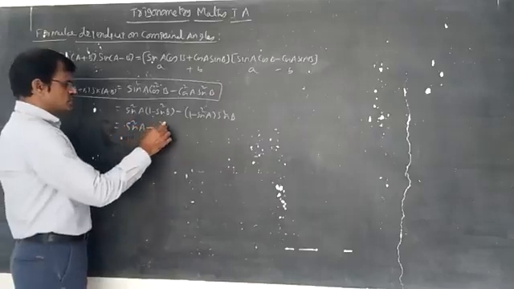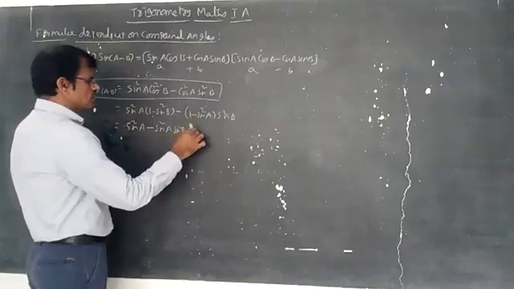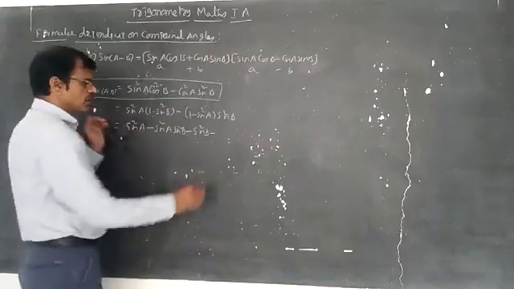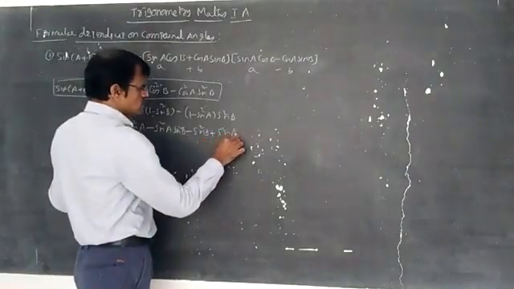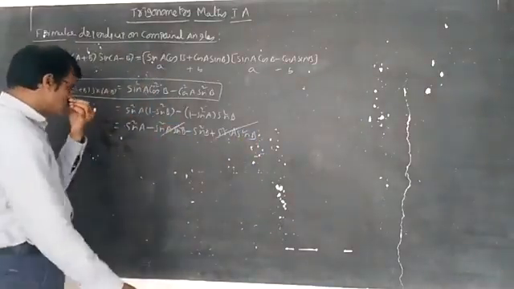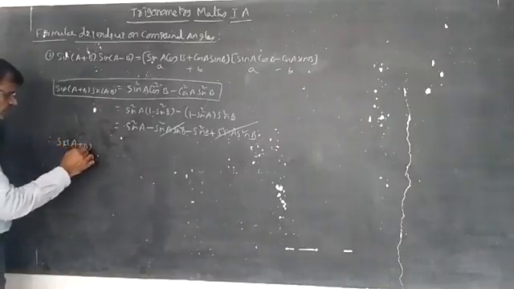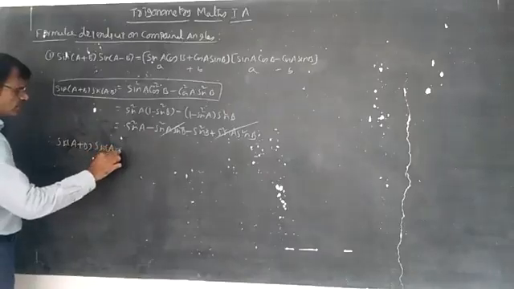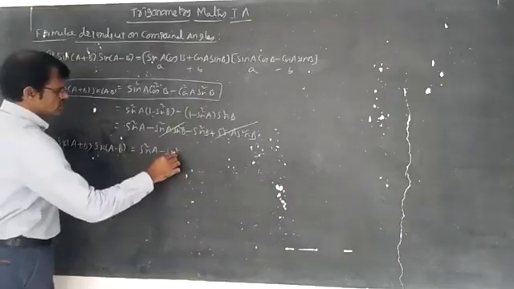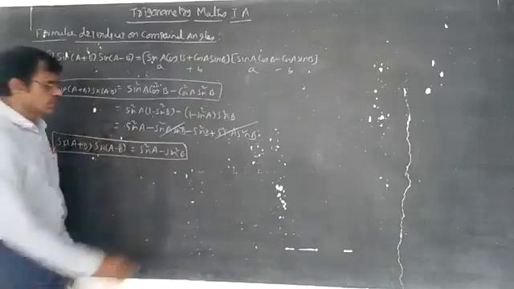Instead of cos square B, you write 1 minus sin square B, and instead of cos square A, 1 minus sin square A. Now this is sin square A minus sin square A into sin square B minus sin square B plus sin square A into sin square B. Plus and minus will be cancelled. Therefore, you can write the formula: sin of A plus B into sin of A minus B is equal to sin square A minus sin square B. This is a formula, put a star mark.